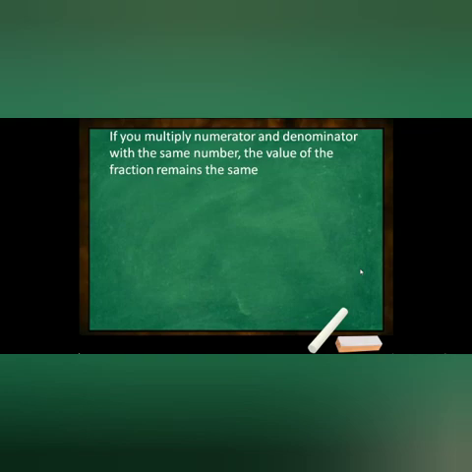Then when you multiply numerator and denominator with the same number, the value of the fraction remains the same. Now you did the equivalent fractions, no? By multiplying the fraction with the same digits. So here also we will do the same thing. 6 upon 20.